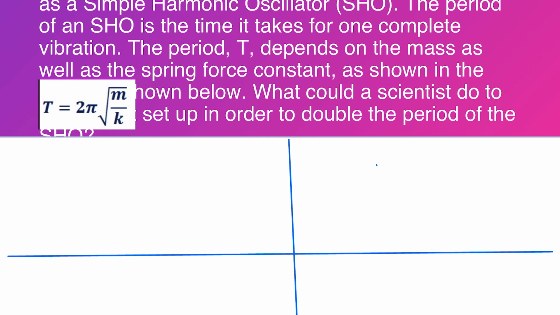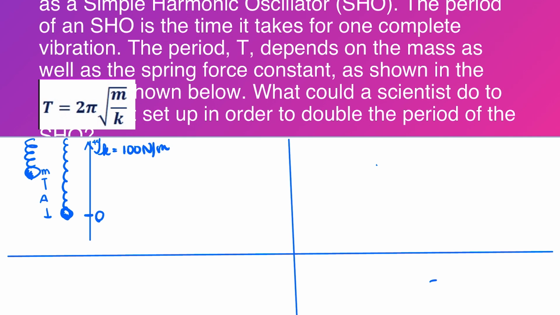So we always start with a labeled sketch. So let's do that. Here's my ball on a spring. I'm going to label that it's being pulled down to set it in motion. I'm going to make my axis so I know where 0 is. And then I'm going to label my givens.